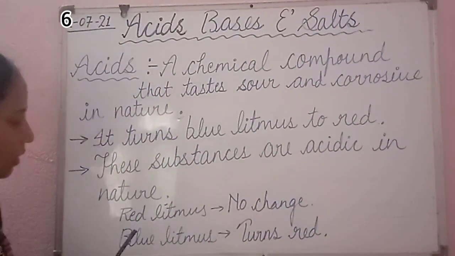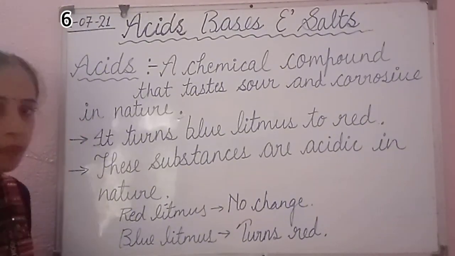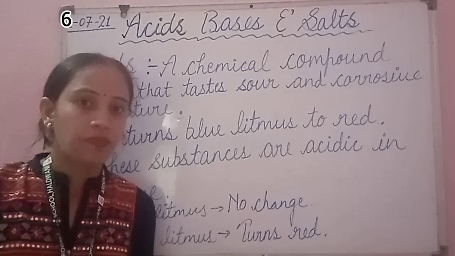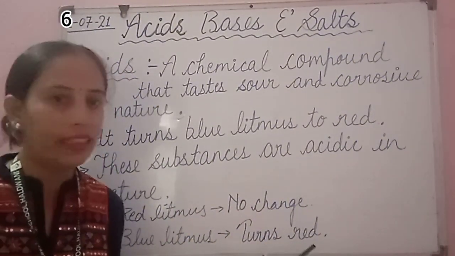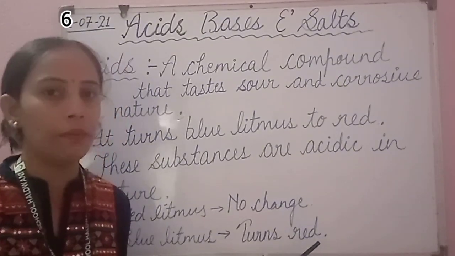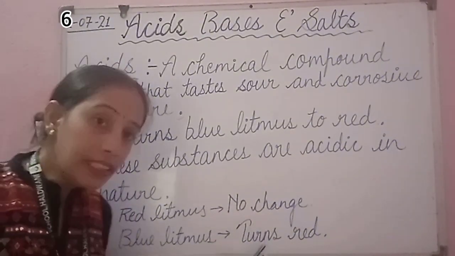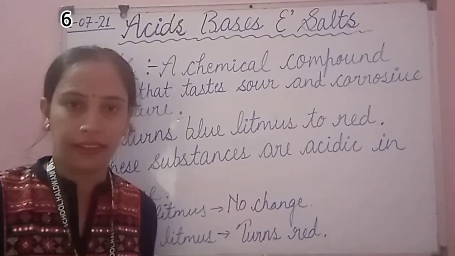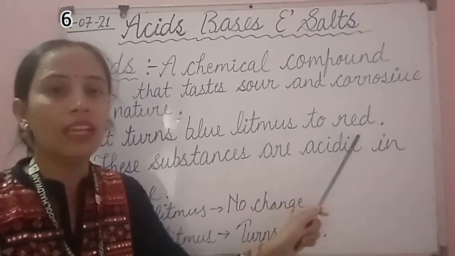Clear? Here you can see, when we dip the red litmus in an acidic medium, there will be no change in the red colored litmus paper. If we dip blue litmus, it turns red. Here it is written, it turns blue litmus to red.